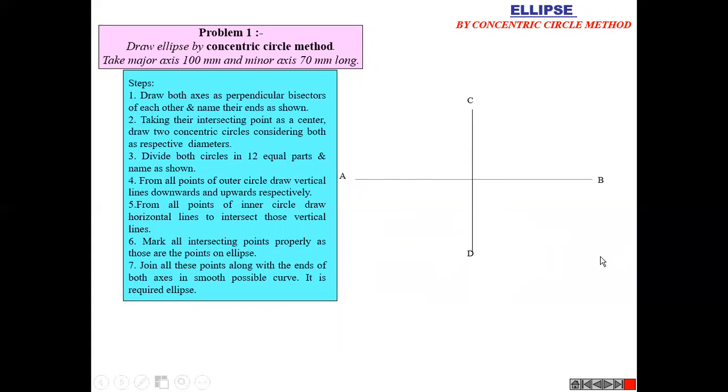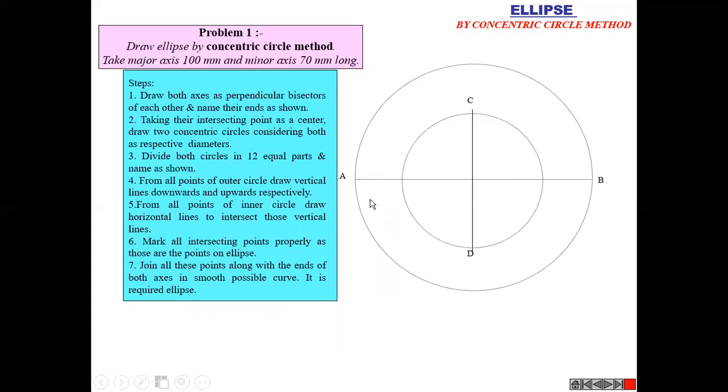First of all, mark the points A, B, C, and D. Then draw the circle: this is my center point, take this radius and draw one circle. This is one circle completed, the inner circle. Then for the second one, again this is my center, take this as a radius, O to intersection point, and draw the outer circle.